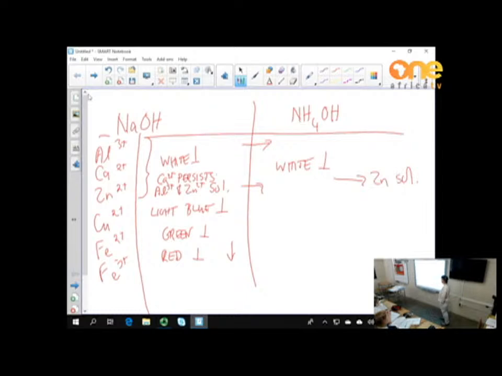Then with the rest, we got a light blue precipitate, a green precipitate, and a red precipitate. Although here by the copper, on adding excess, what did we get? Dark blue solution.